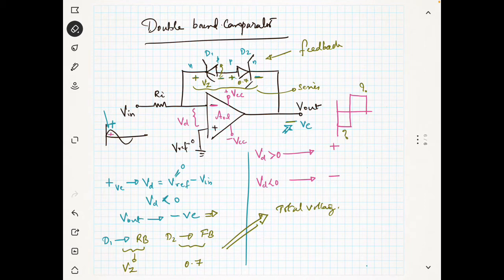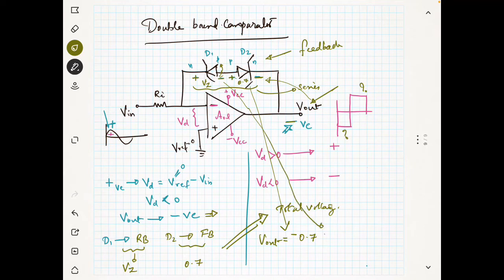So V out is equal to, you know that this voltage is minus 0.7 because we are talking about V out. At V out the voltage polarity is minus, and again you have a minus.